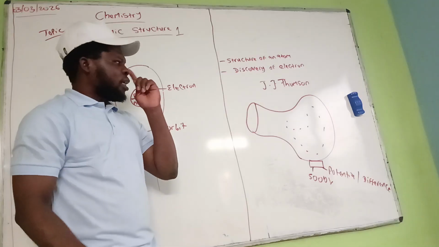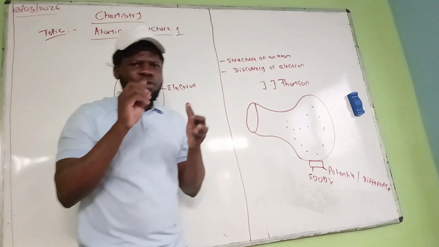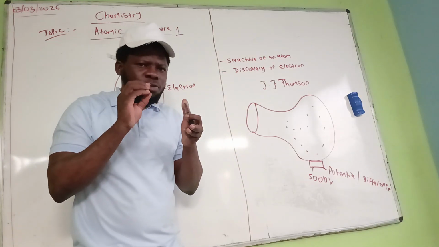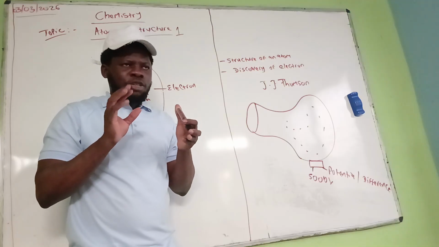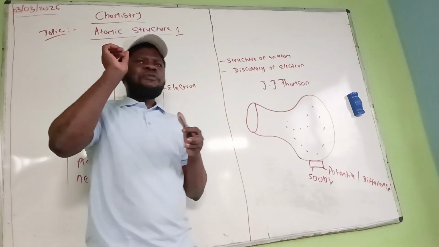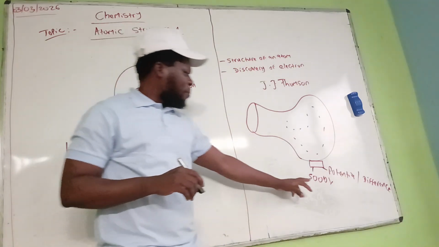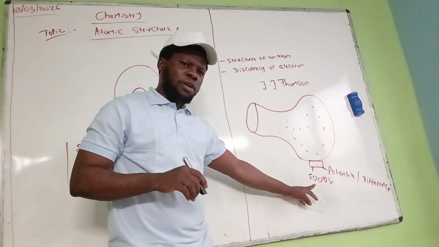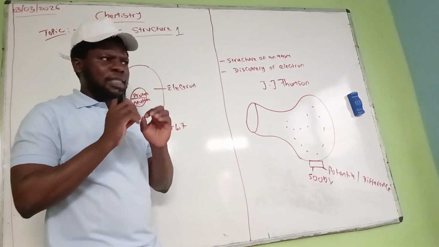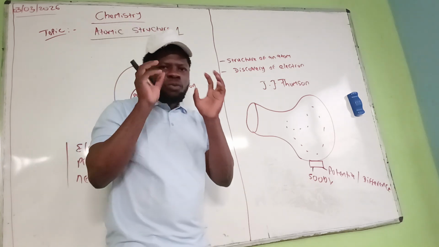What did he notice? He noticed that the particles of the gas begin to glow. You know, when something is showing a faint brightness, right? So when he applied the potential difference of 5,000, he noticed that the gas particles begin to glow.